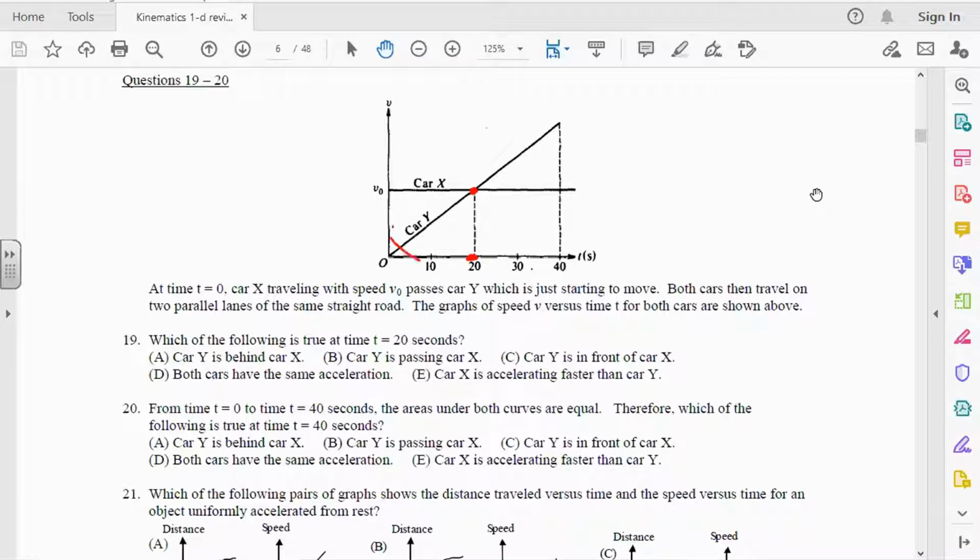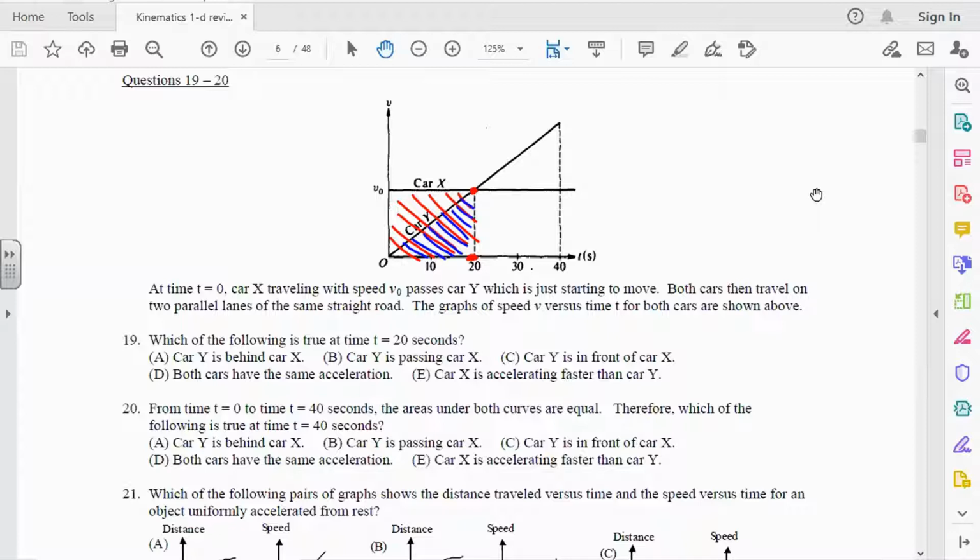I look at this area for car X, and this area that I'm shading in blue for car Y. Car X definitely has a greater area, which means a greater position, which means car Y has not caught up to car X, it's behind.